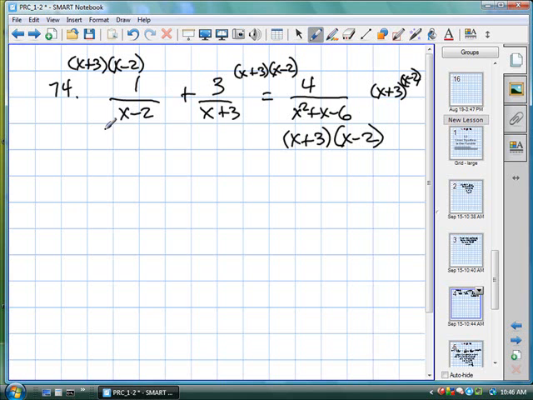In the first fraction, we have a cancellation, and what's remaining is just x plus 3 times 1. We all know what that is. Second fraction: this cancels, and we get 3 times the quantity x minus 2. With a little distributive property, we know that equals that.